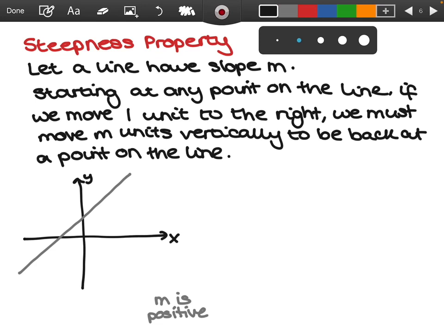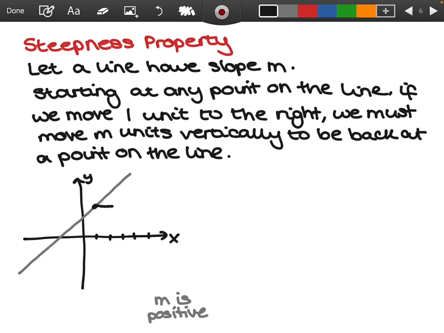What does our steepness property show us? If I plot out a couple units here on my x-axis, if I start at a particular point, at this point, let's say x is equal to 1.